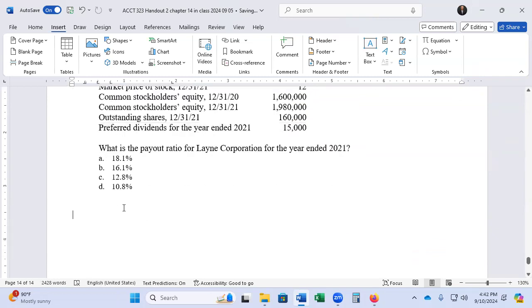So we take the 10,000 and we're going to divide it by the net income, 93,000 minus 15,000, which is the preferred dividends. And that's going to be equal to 0.128 or 12.8%.